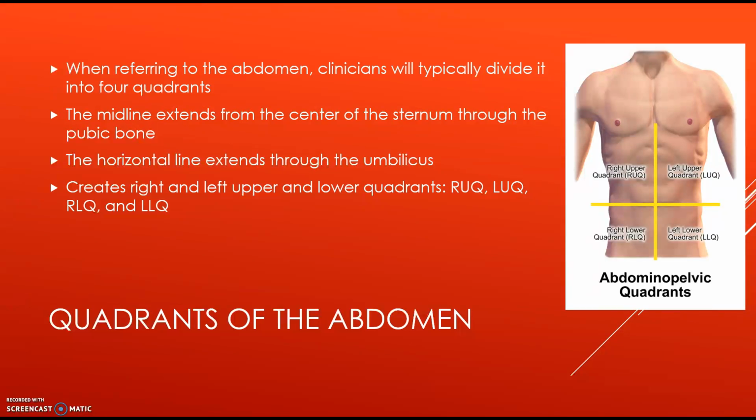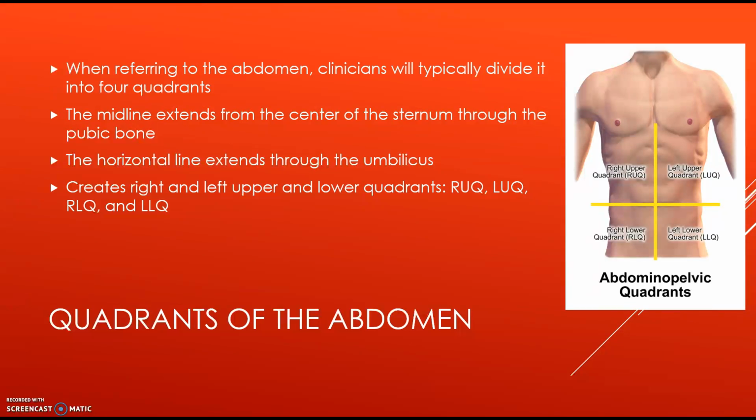So when we talk about the abdomen, clinicians will typically divide it into four quadrants. Oftentimes when you're doing an evaluation of the GI tract, you will identify what quadrant the pain is in, because that helps the healthcare provider identify which organs may be involved.